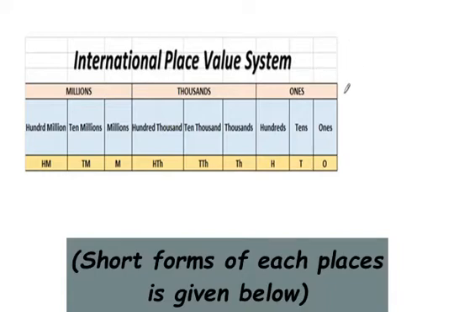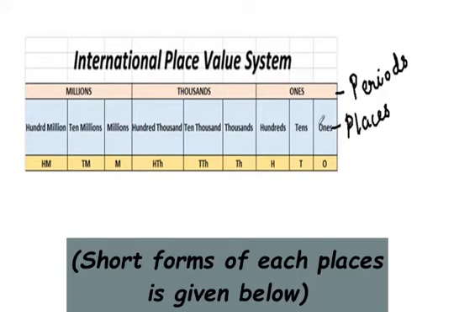Here the ones, thousands and millions are called periods. Whereas the places are ones, tens, hundreds, thousands, 10,000s, 100,000s, millions, 10 millions and 100 millions. These are called places. As you can see, 3 places are grouped under 1 period.